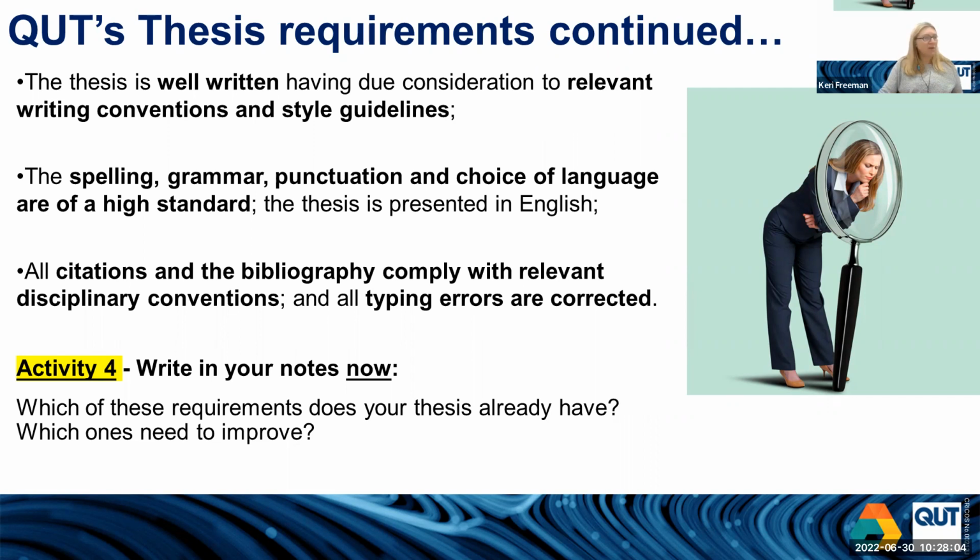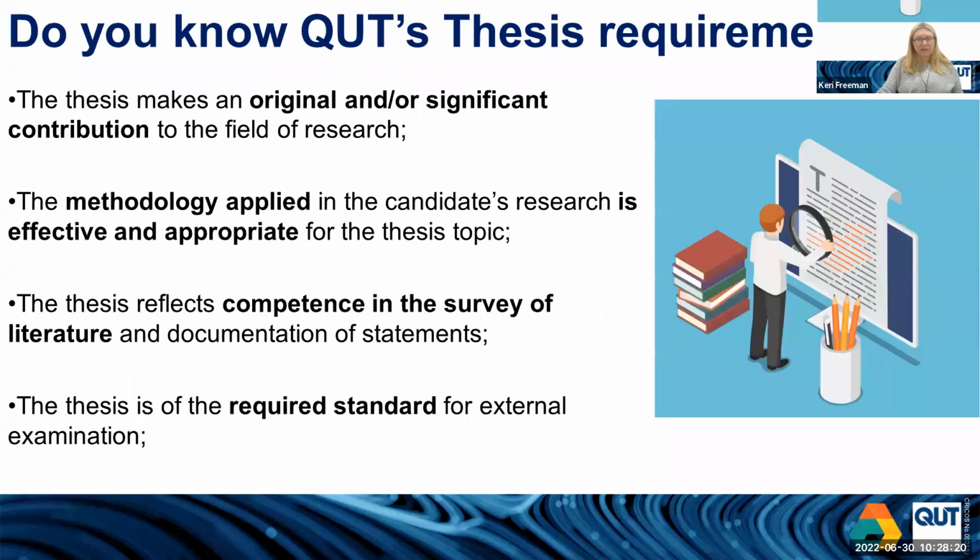Now, I've got another activity there. Write in your notes or the chat, but in your reflection, are there any of these requirements that we've just looked at that you think you already have? And is there any that you think you might need to improve? So let's just jump back to the first one. So your contribution, methodology, your lit review needs to be to the quality standard. So nothing new really, is there?